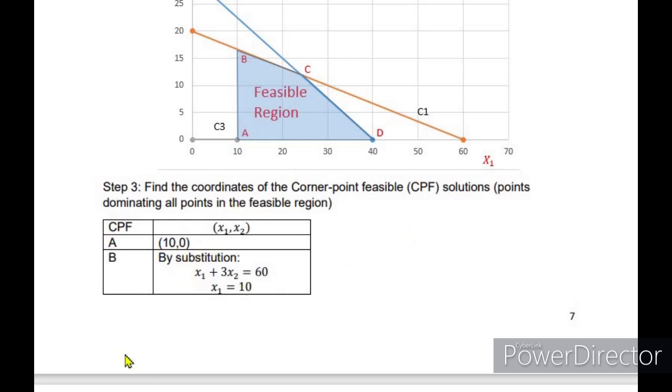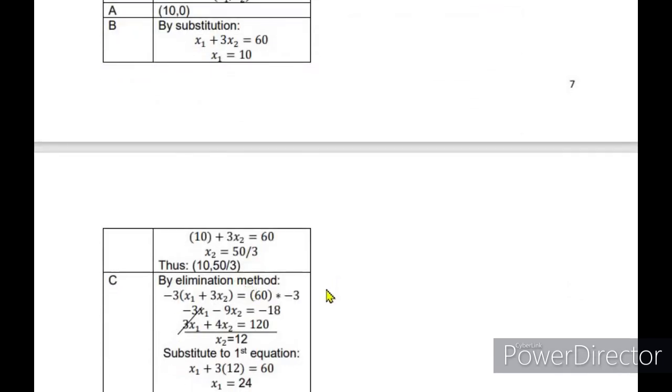For point B, by substitution, because this is the constraint 1 and this is the constraint 3, you will just substitute constraint 3 to the x sub 1. So substituting, you get 50 over 3. So in point B, you have the coordinates 10 for x sub 1 and 50 over 3 for x sub 2.